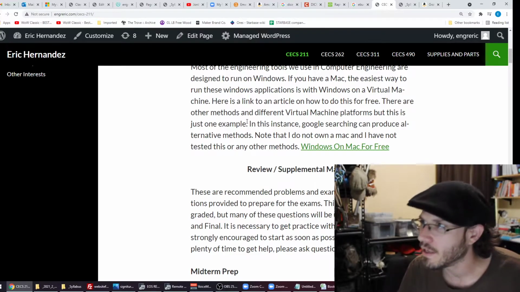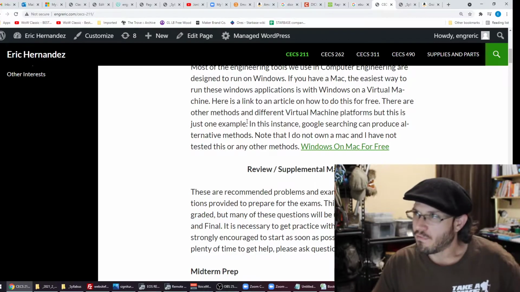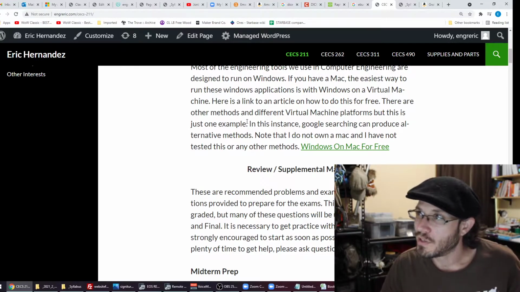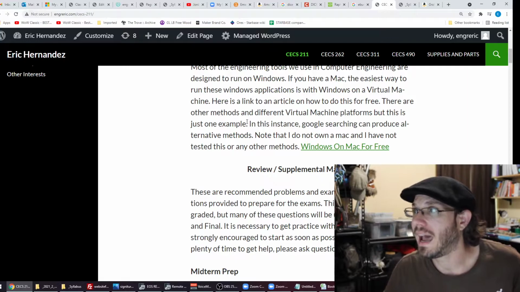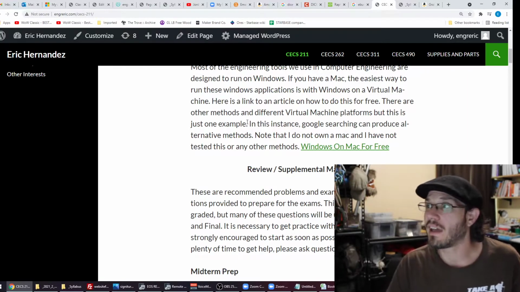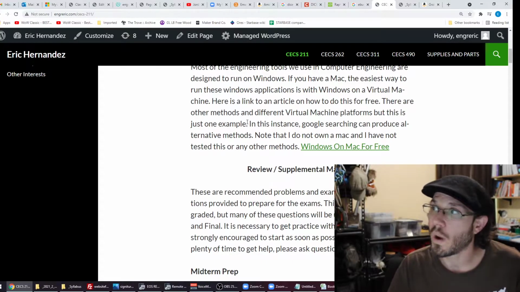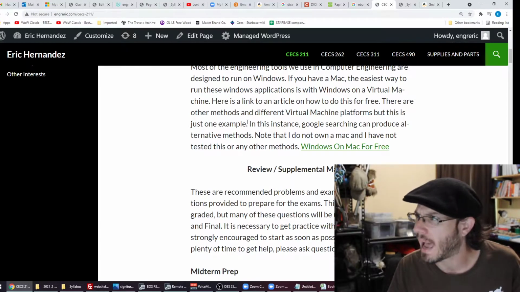If you are a Mac user, I have a little bit of bad news. Every class in our department uses some type of software for computer engineering, and very few of them have Mac versions, okay? You're going to make life much easier starting now if you just use a Windows virtual machine under Mac, right?